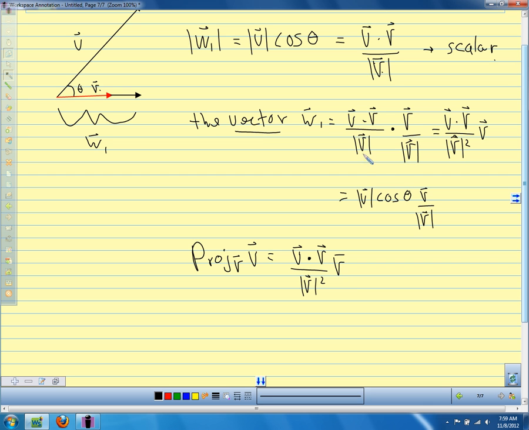And this is the same again as the magnitude of U times cosine of the angle between them, times V over the length of V. Now, one reason you would use this first representation is that you don't need to know the angle between the vectors.